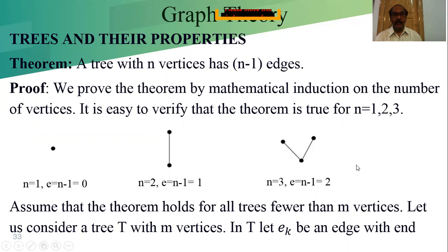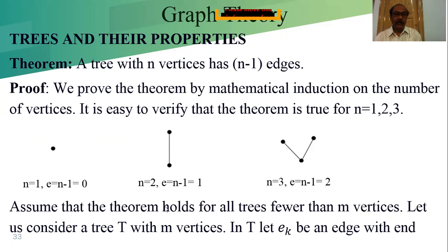That is the other induction procedure: first n equal to k, then k plus 1. Here, we are considering it is true for less than m. Then we show that it is true for n equal to m.